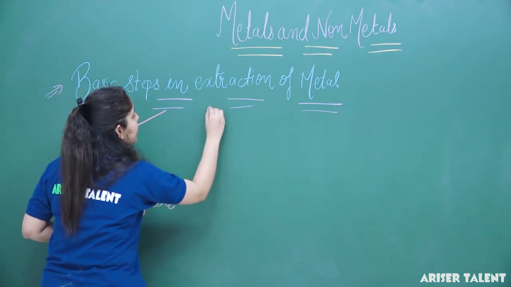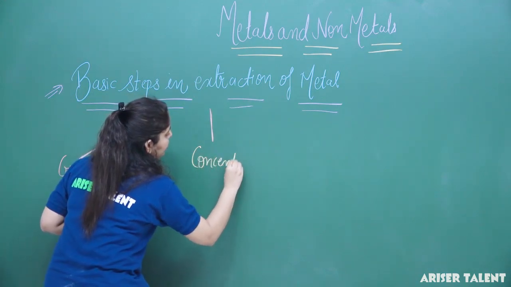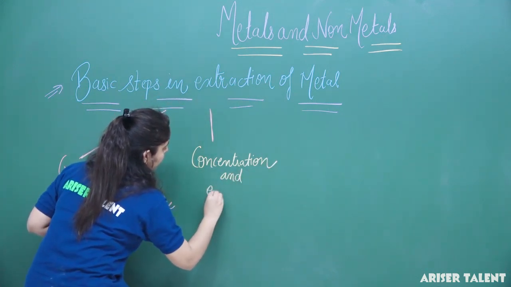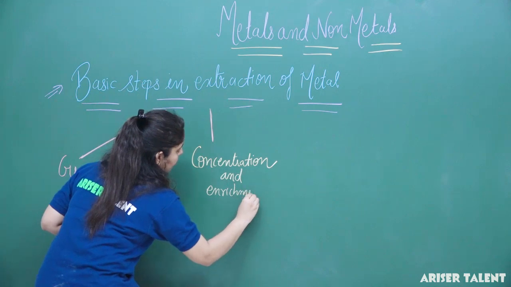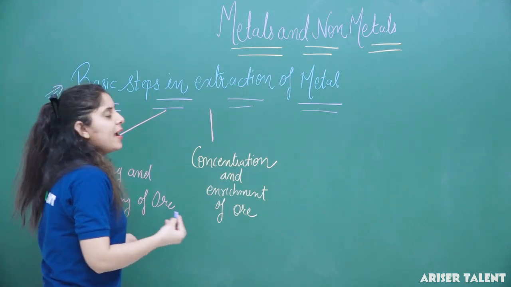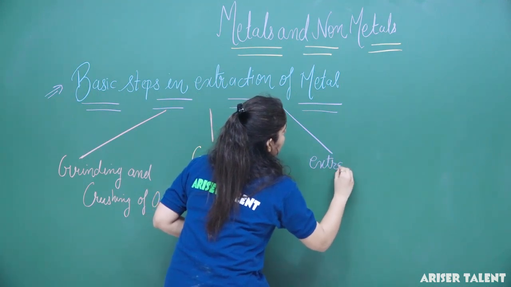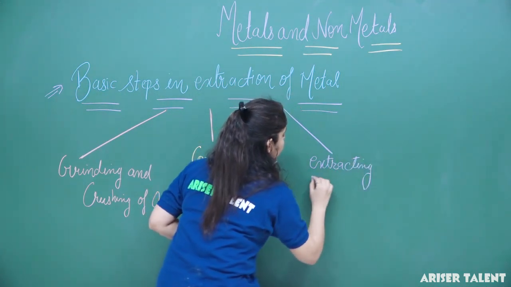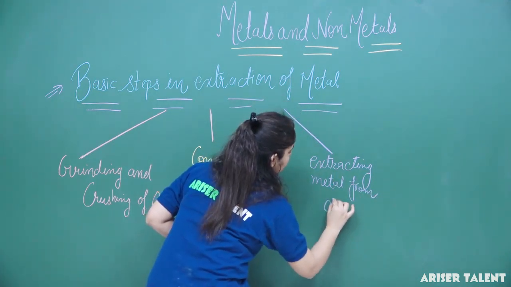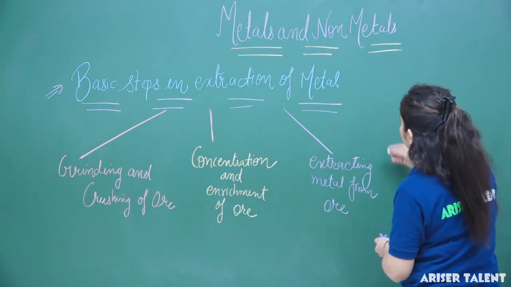Our second step will be concentration and enrichment of ore. The third step includes extracting metal from ore. And the last step will be refining and purification of the metal.